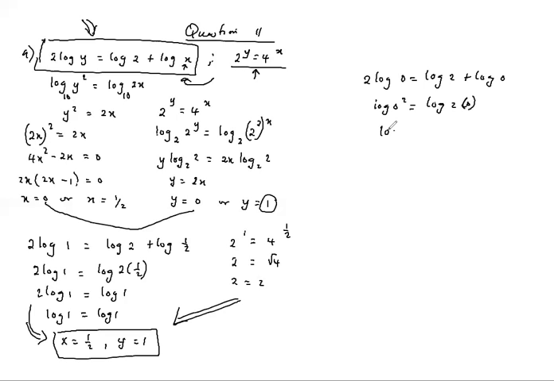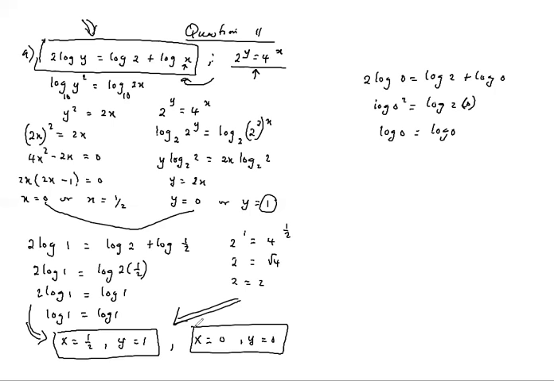And this is log 0, which is still log 0. So they are equal but undefined. I suggest that we also put it here: x is 0, y is 0. That's another set of solution, a point satisfying the equation.